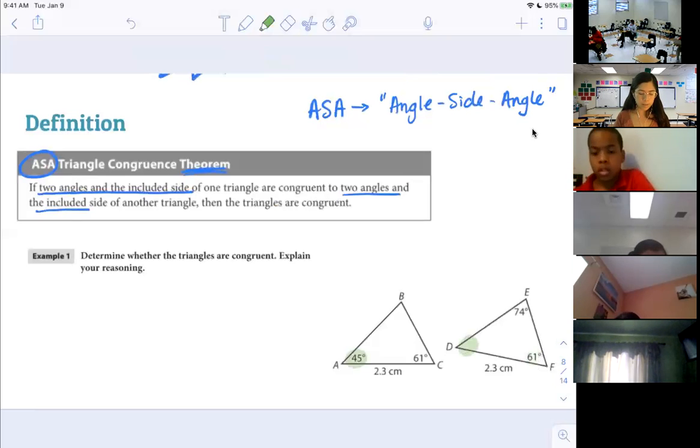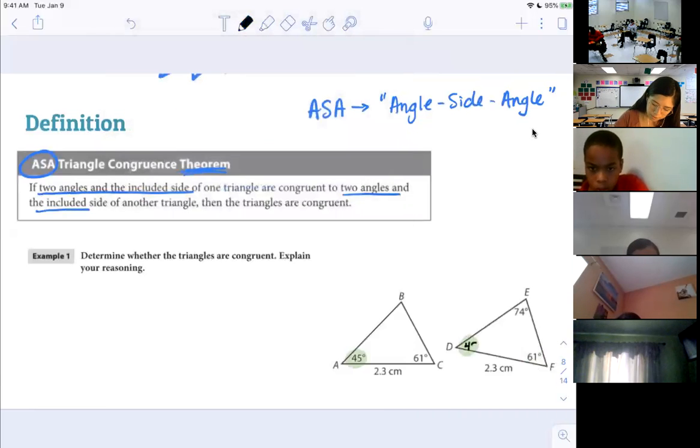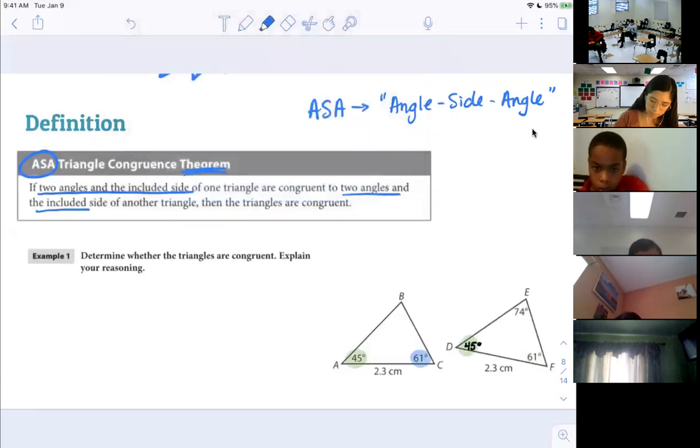Good, that gives me 135, and then when you subtract that from 180, you get 45 degrees. So angle D is 45 degrees. So I know those match. And then I have angle C, so this 61 matches with F. So I have two angles, and I have the included side.